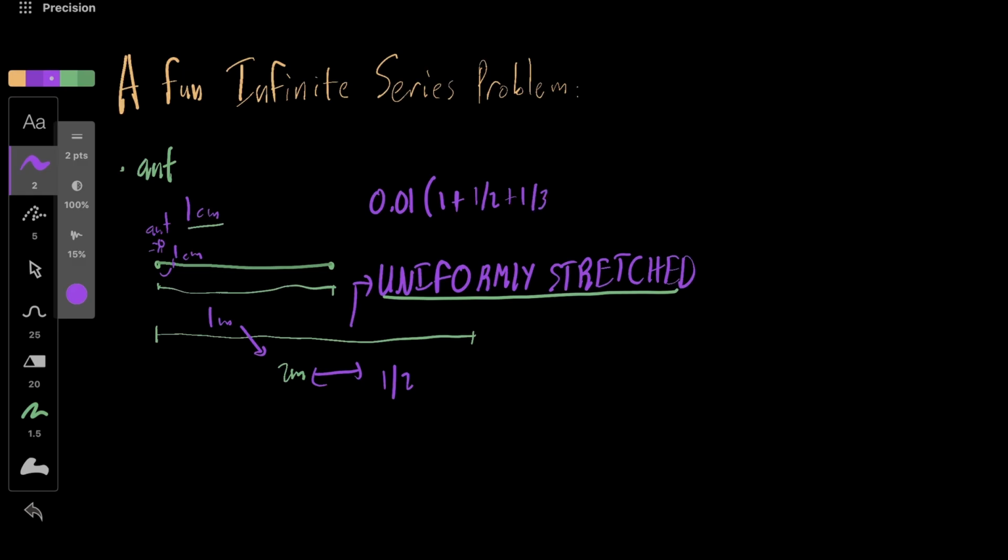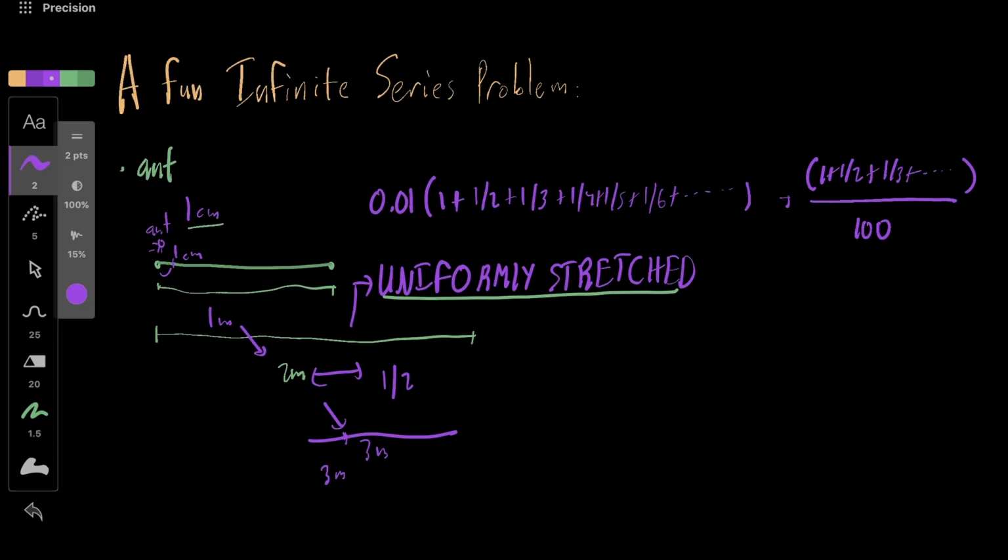Because when going from 2 to 3, we again have crossed another centimeter, which is again 1/3% of this whole thing. And then it gets stretched again to 1/4, to 1/5, and so on. So, essentially, we just have this big series over here, and so on, over 100.